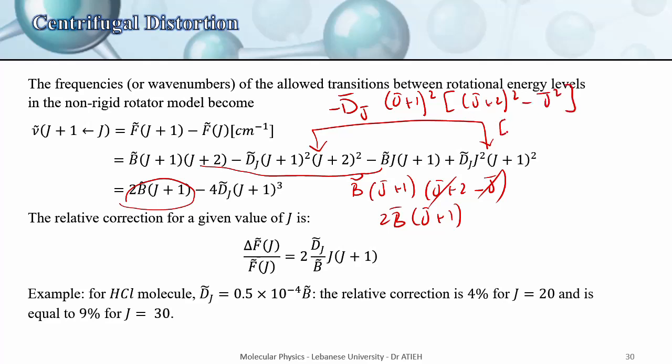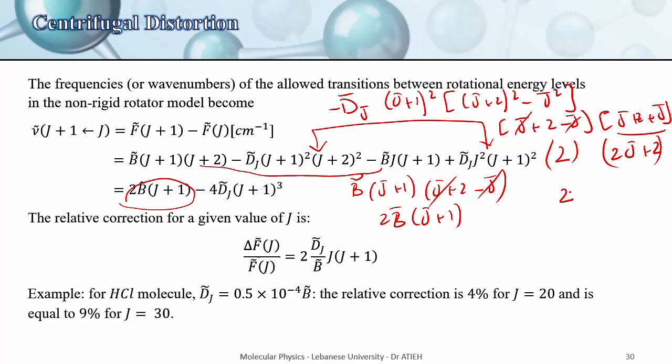This is a difference of two squares: (J+2 minus J) times (J+2 plus J), which is 2 times (2J+2).